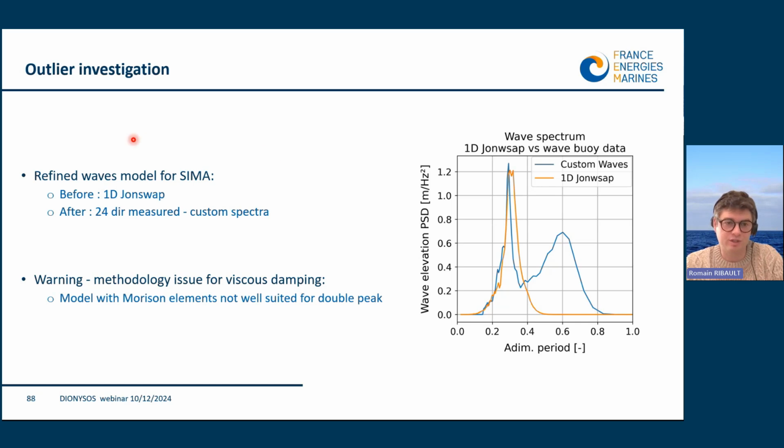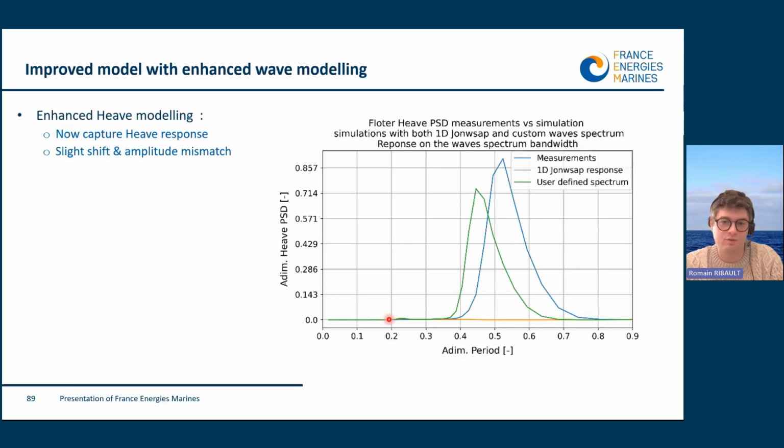So what we did, we reprocessed the wave buoy accelerations and computed a 2D directional spectra and inputted that into CIMA software. And the outcome is that we match with a much better precision the heave.